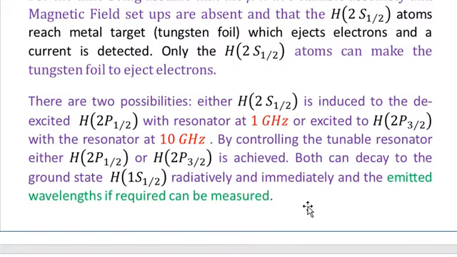But in the historical experiment due to Lamb and Rutherford that I have described, the wavelength was not measured, and only the energy gap was measured using a tunable microwave resonator assembly and the tunable magnetic field.